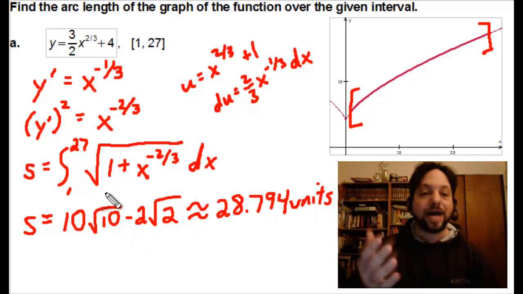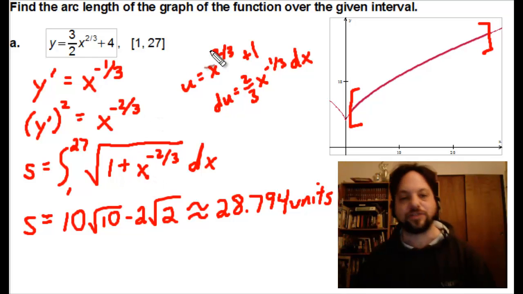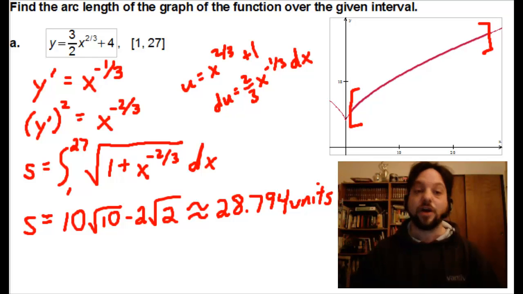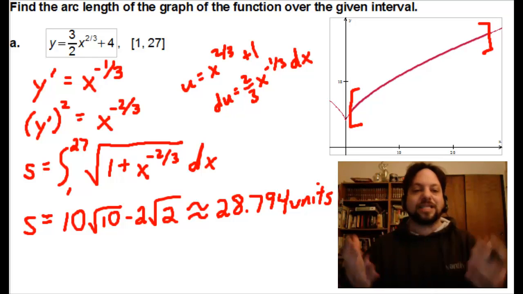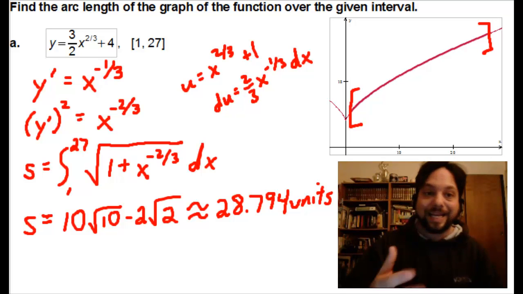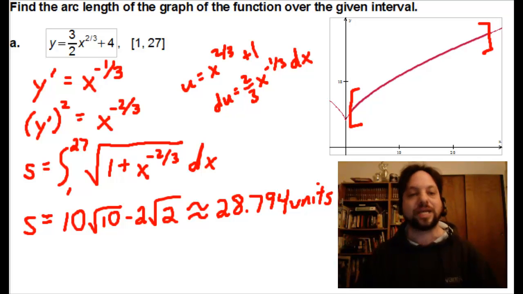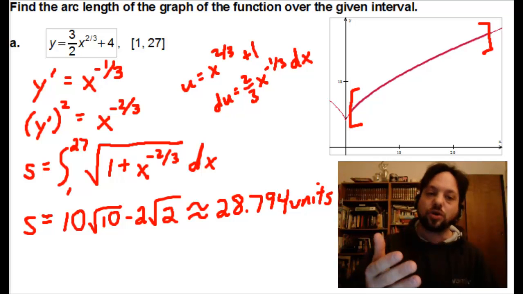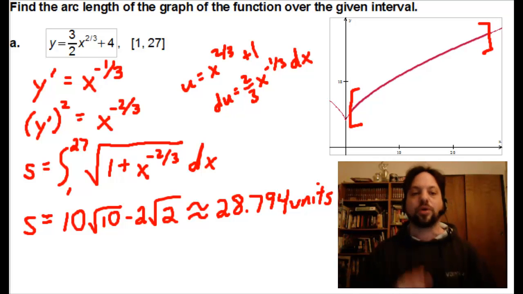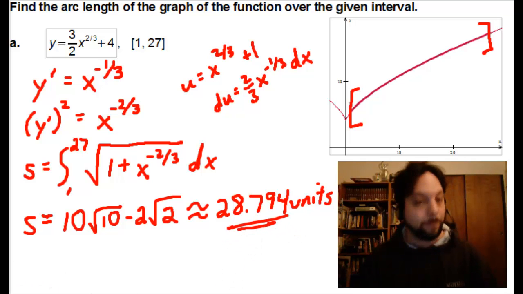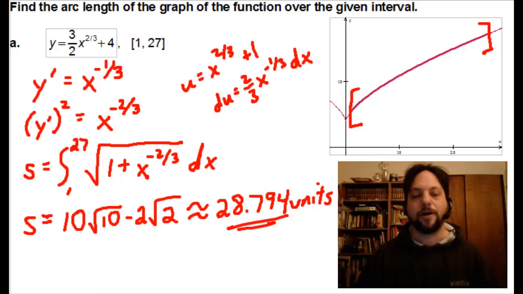Now, if you were not able to factor out this x to the negative 2/3 and do your u du substitution and all this fun calculus stuff, you could, of course, run this entire integral through your calculator, whether you have a TI 83 or 84, or 89, 92, or a Casio or an HP, whatever you have. Your calculator should have the capabilities of doing a definite integral. And so if you run this definite integral through your graphing calculator, it should return to you an answer quite like 28.794. So there you go.